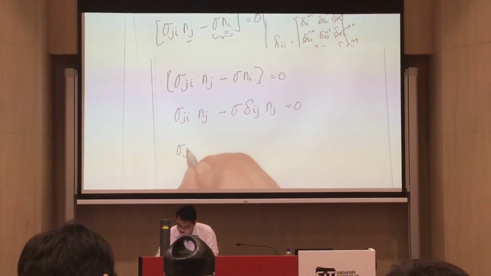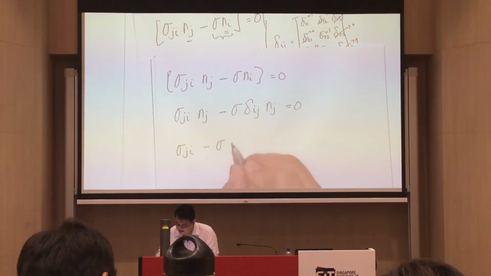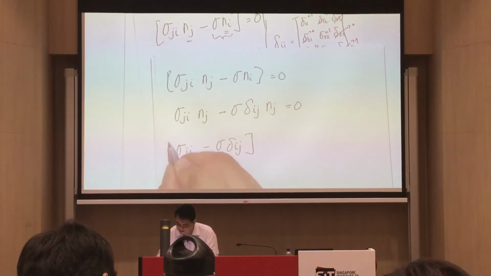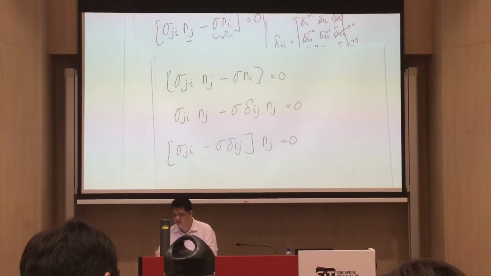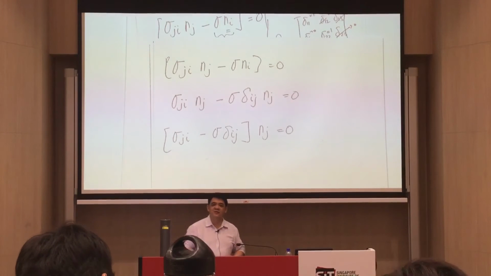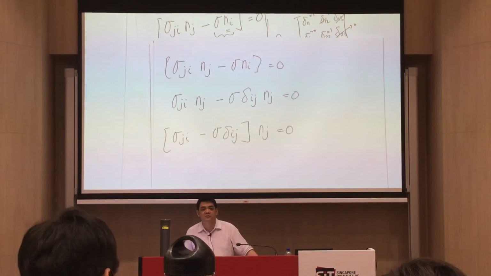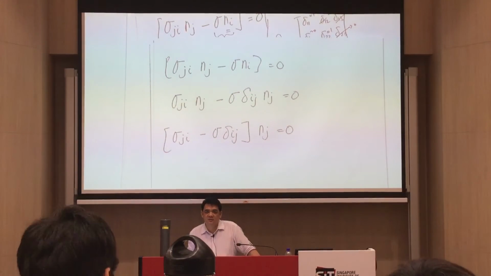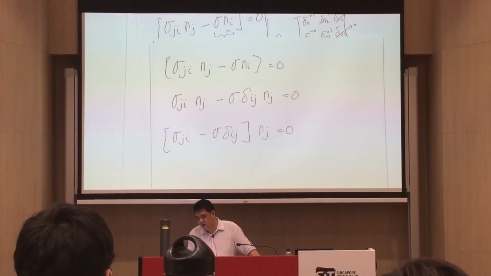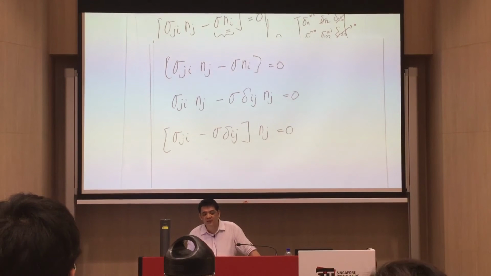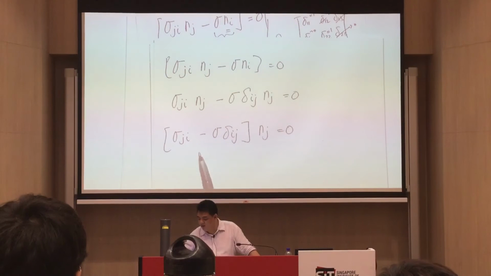So here sigma ji minus sigma delta ij, multiplied by nj, equal to 0. Yes? This is your normal. Your normal directions must not be equal to 0. So if that is not 0, what should be 0? So this is A multiplied by B. If B cannot be 0, what should be 0? A.